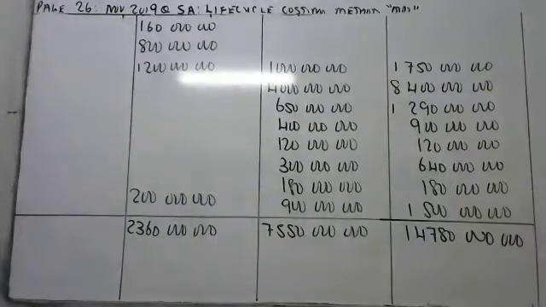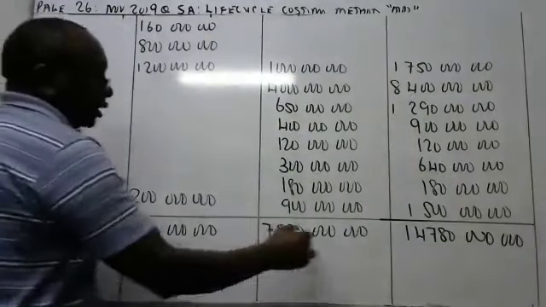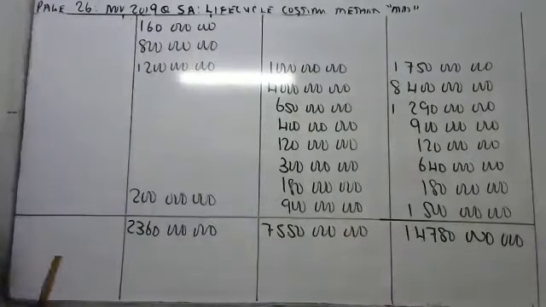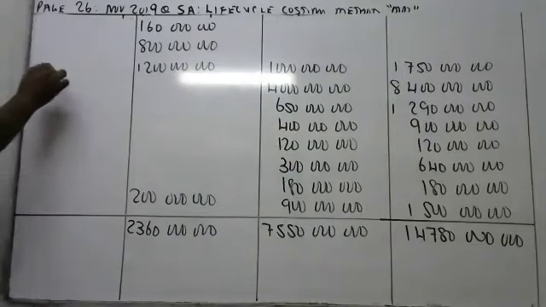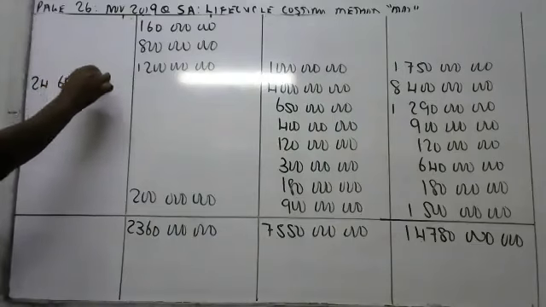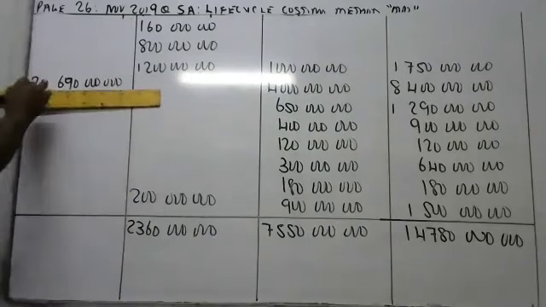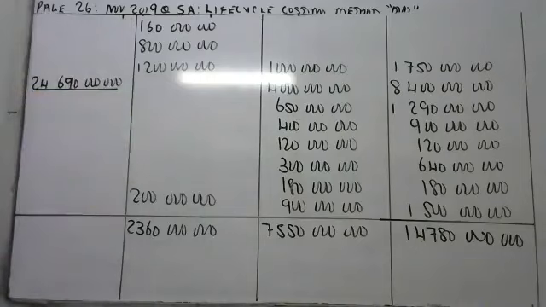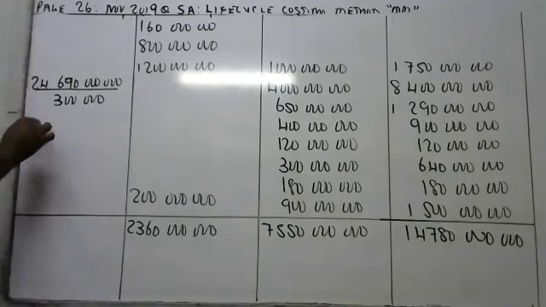Okay, so now when you add these three, this plus this plus this, 24,670,690. You divide by the number of units. The number of units will be 300,000. So this is the one giving us equal to 300.